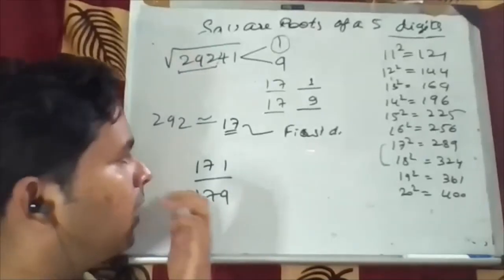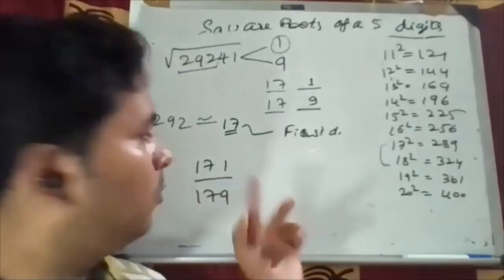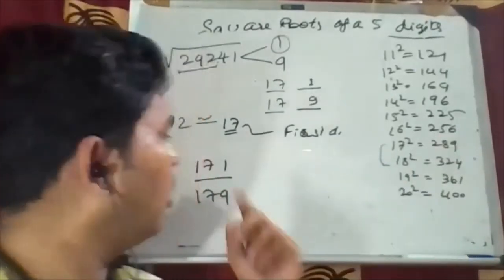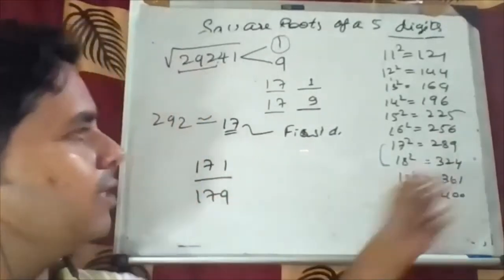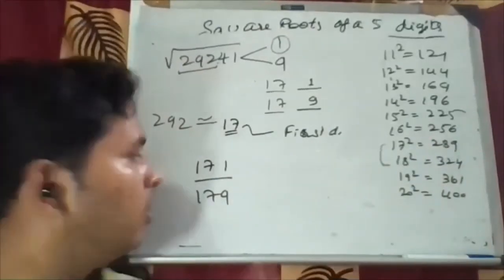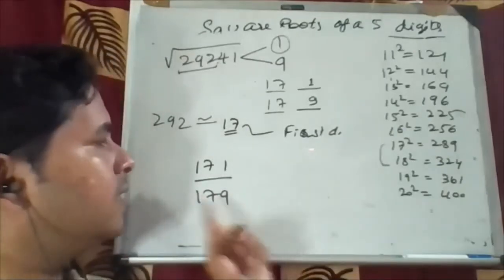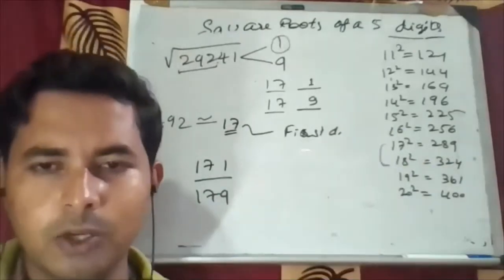Okay, so here just check: is 179 nearer to 289, or is 171 nearer to 289?